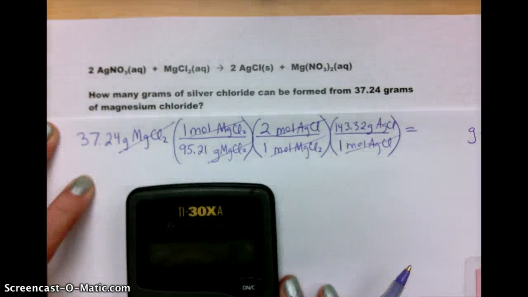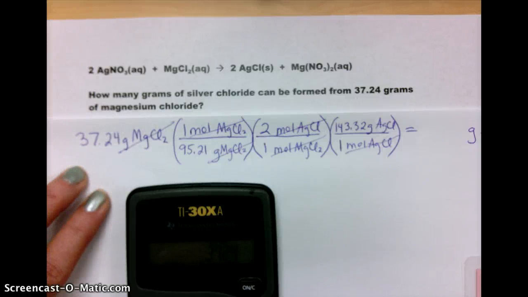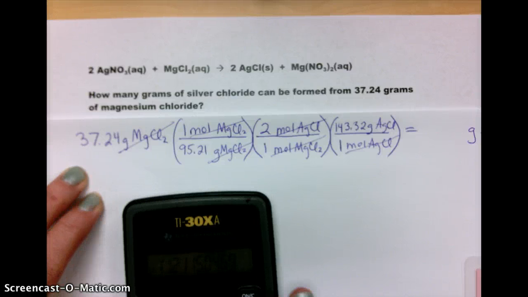So let's put this into our calculator. We have 37.24 times 1 divided by 95.21 times 2 divided by 1 times 143.32 divided by 1 equals.